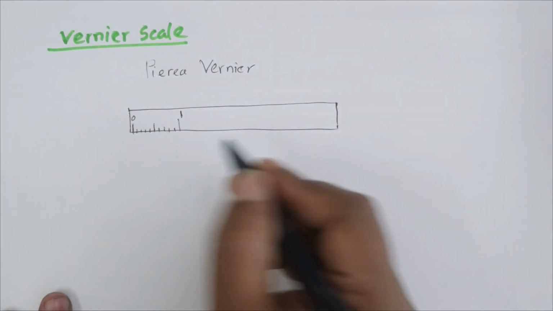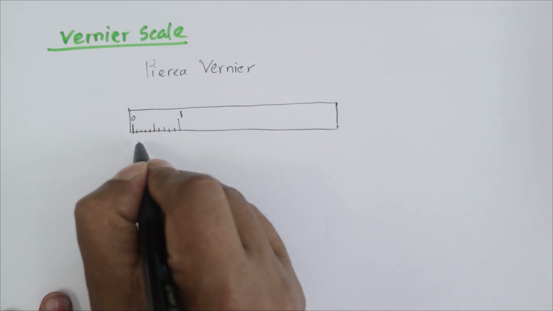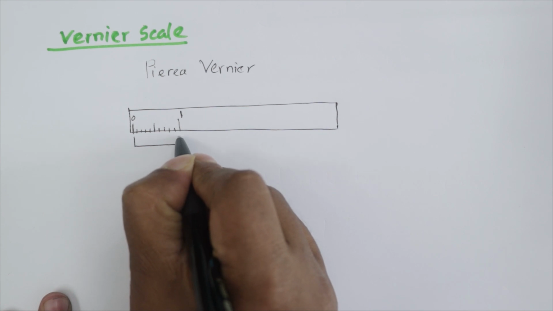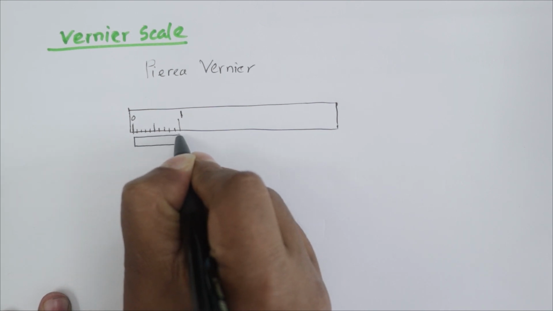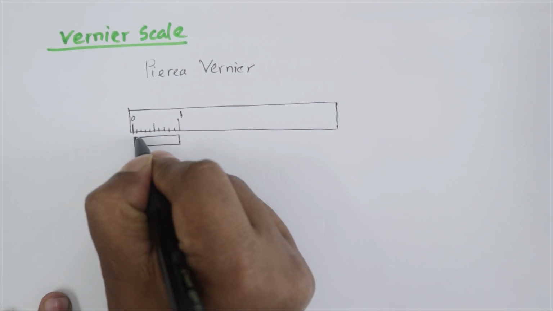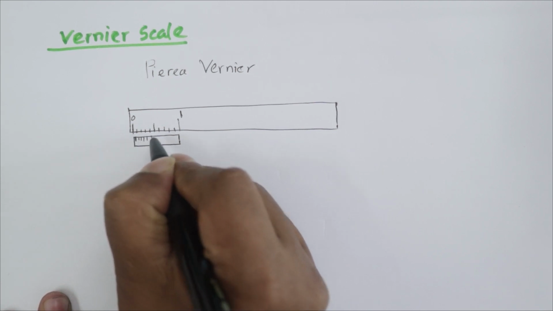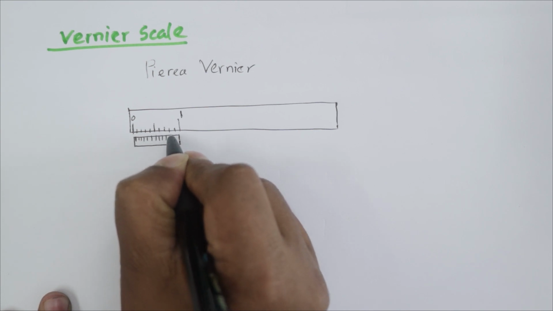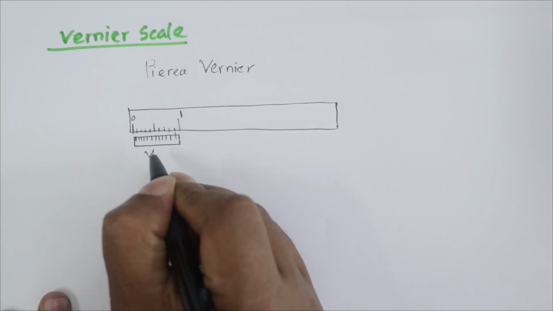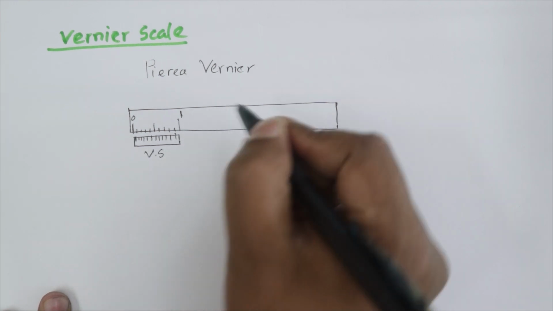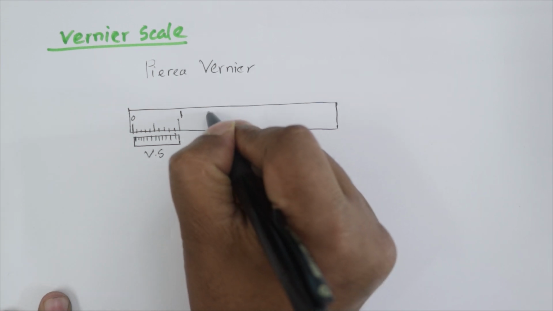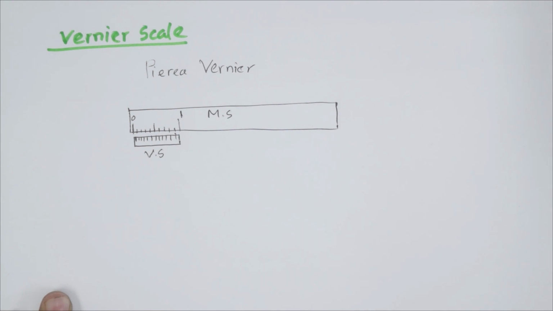There is a small scale which can slide over the main scale. There are 0 1 2 3 4 5 0 1 2 3 4 5. So this one is the vernier scale, and this is the main scale or linear scale.